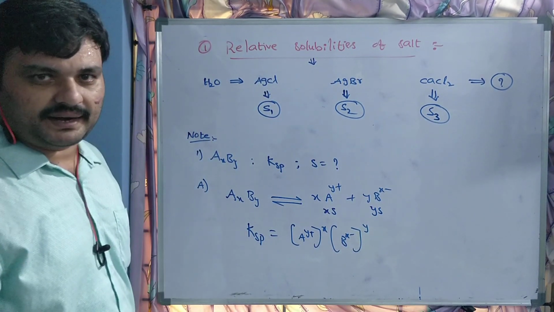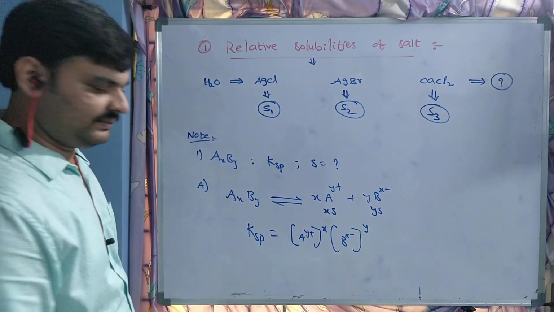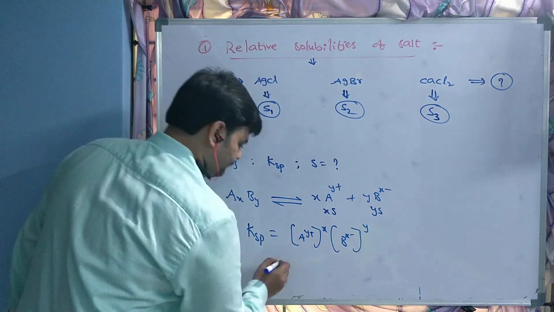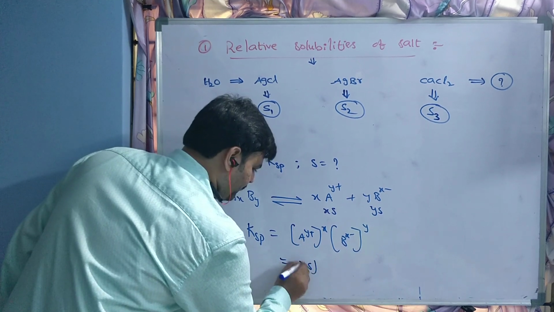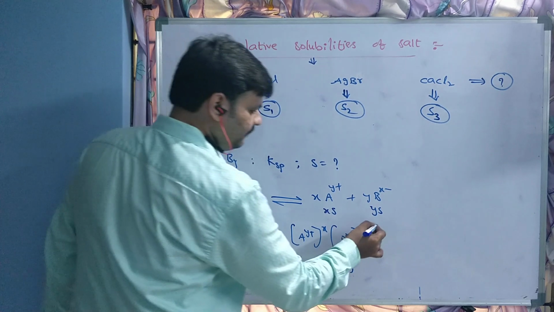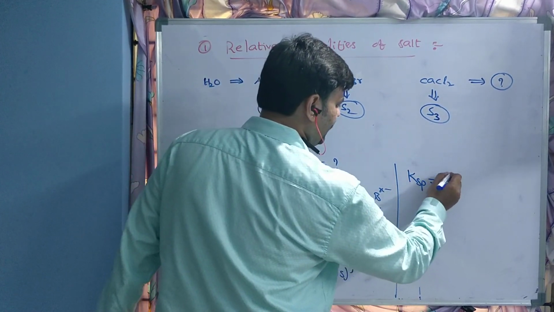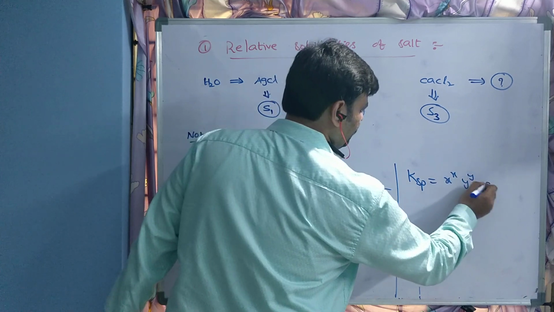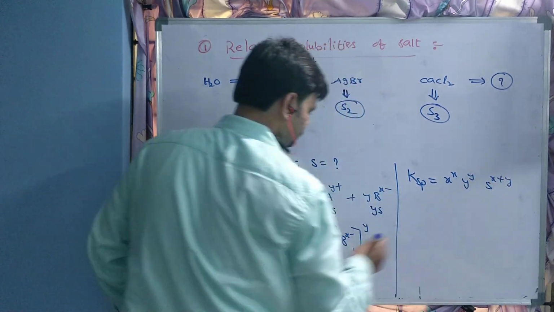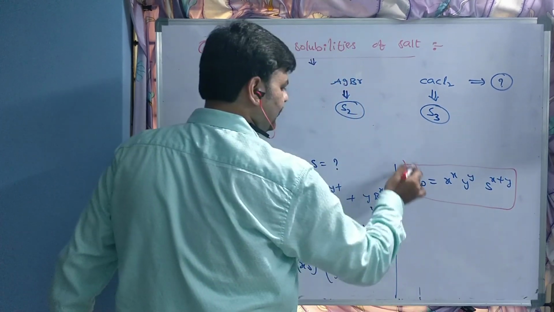Substitute those values here: (xS)^x (yS)^y. Therefore, KSP is equal to x^x y^y S^(x+y). So, this is the relation between KSP and S.